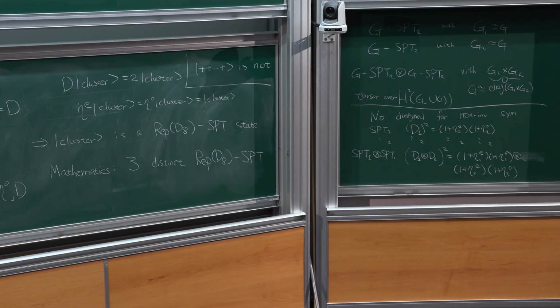But what would be that subcategory? Are you saying that there's a Rep D8 subcategory? Well, no, I'm not saying that. I'm saying that if you can make Rep D8 into a half monoidal category, let's say, with a coproduct operation, then you'll be able to define the stacking operation. But the point is that you want to find a Rep D8 subcategory in that tensor product, so that you can view the tensor product SPT as another Rep D8 SPT. Okay, yeah, that's right. I don't think that exists.